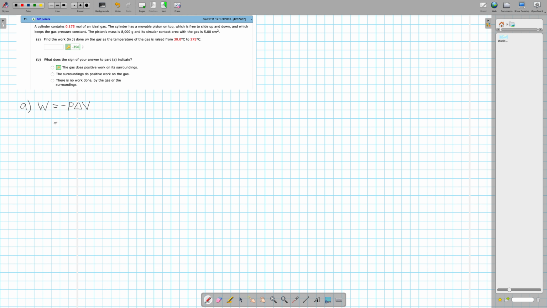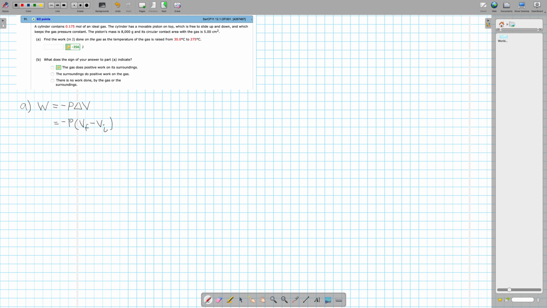So we can rewrite this as minus P times (V final minus V initial). And now there's two ways you can approach this problem. One way is to use this information about the mass and the area to directly calculate what this pressure is.